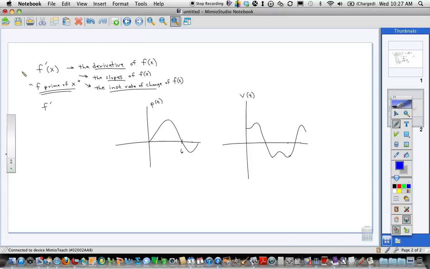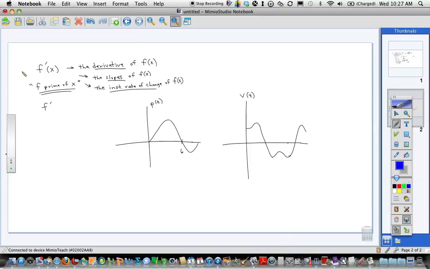Now, we're going to start talking about slopes in a minute, and then things start getting confusing. We got to be careful then. The outputs of the position function are positive because they're above the x-axis. Since they're positive positions, they have to be east of Bismarck.